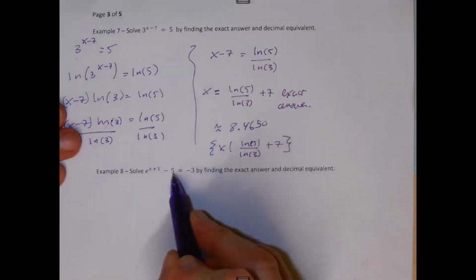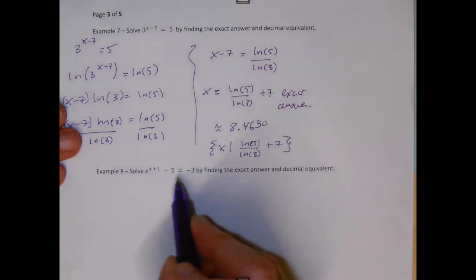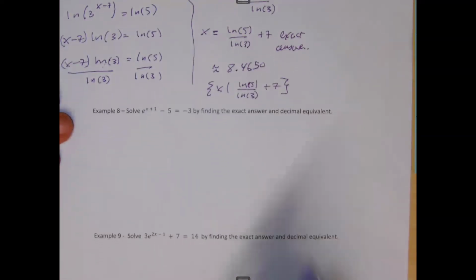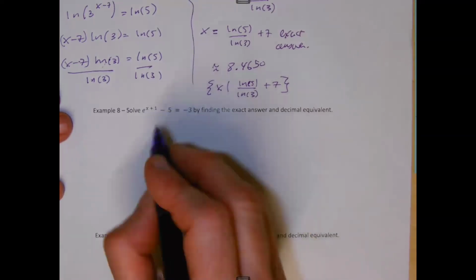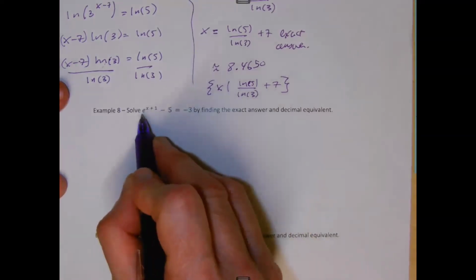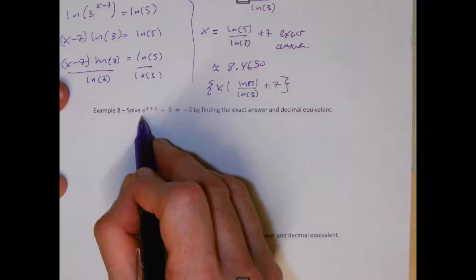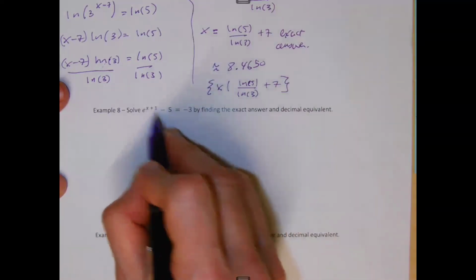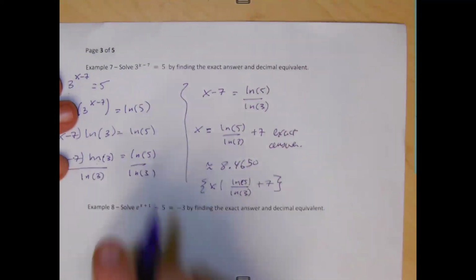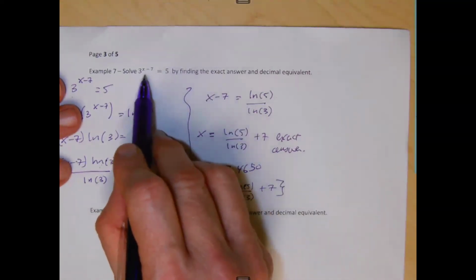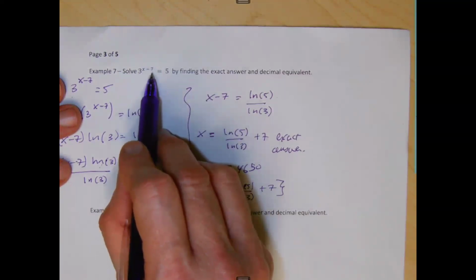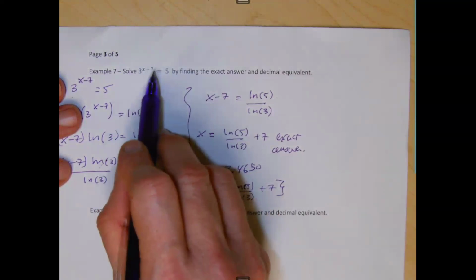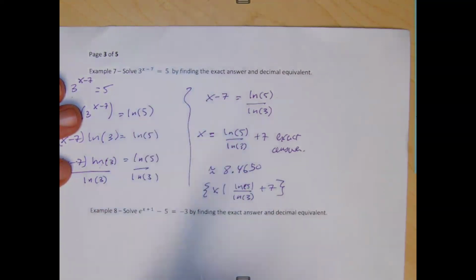I've now subtracted. I still have something in the exponent. I subtract 5. I still have a constant in this side. So now let's solve this one. I do have e, so this is going to make the matter a little easier since I can take the natural log. But the first step, since here the exponent is my variable and I don't have anything else hanging around this exponential part, is that I can just go ahead and take the natural log.